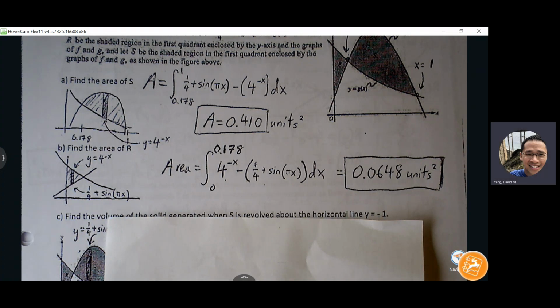Okay, look at part C. It's revolving around a line, so decide whether it's a top minus bottom, is it right minus left, is it washer method.